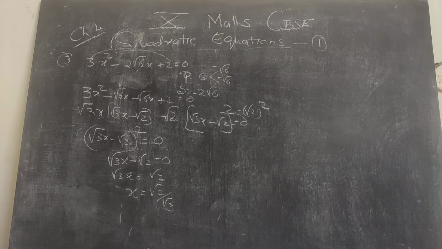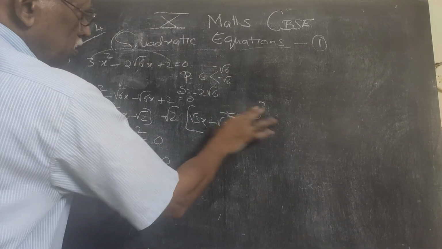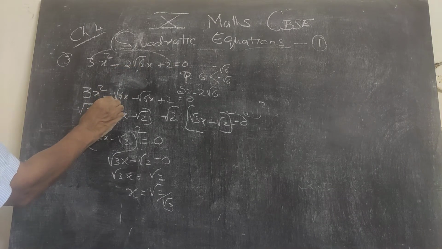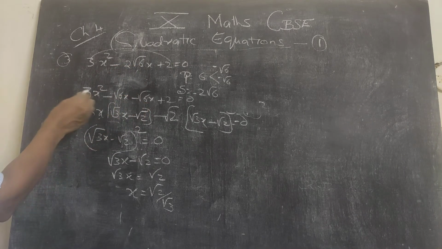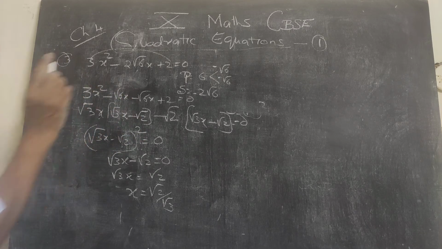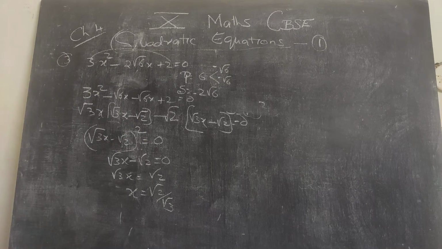Now I will go for the fourth problem. The small problem here is that you must know how to split it up like this, and while taking that root 3, you should remember that here root 3 will come and this is root 2. Otherwise the problem is easy.